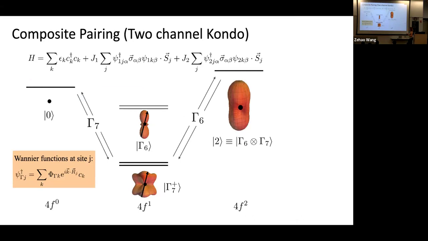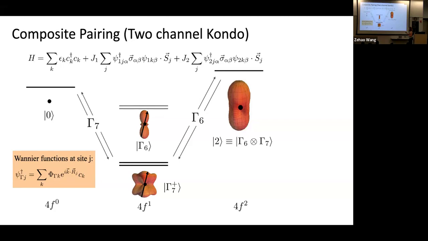So we can go back to a two-channel Anderson model to see what this looks like in a real system. And so here, this is in tetragonal symmetry. If you have this ground state crystal field symmetry, and you have this excited state crystal field symmetry, one of the possible doubly occupied states is a singlet that's combined by adding this gamma 6 to this gamma 7.